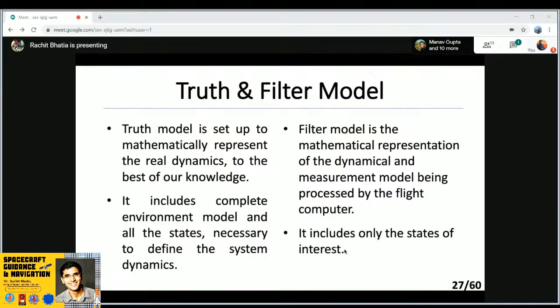And we can see, obviously truth will perform better, but what is the comparison between the filter and truth? And then we can see the navigation error. So that is what I will discuss next.